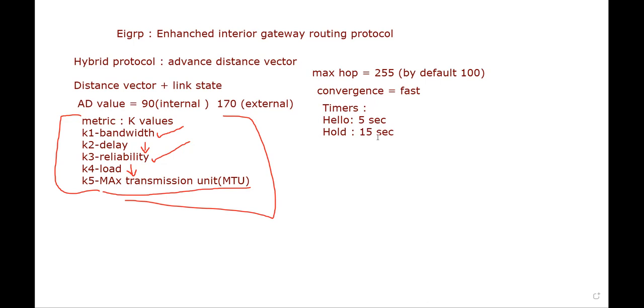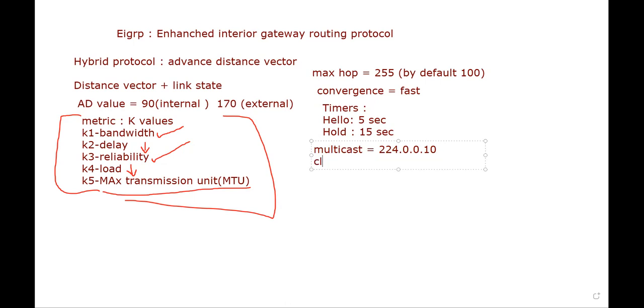If we are not getting information from another router, the route will be flushed in 15 seconds. So it is a very fast protocol. EIGRP doesn't do any broadcast. Its multicast address is 224.0.0.10. For dynamic neighborship, EIGRP uses multicasting, not broadcasting.